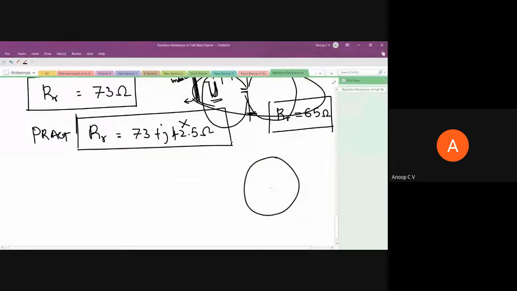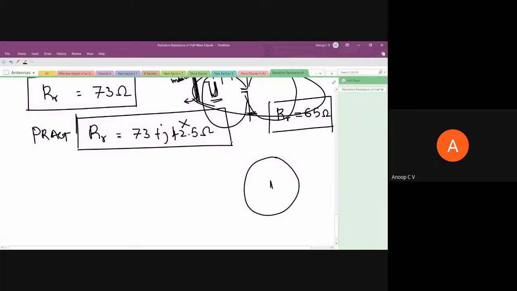So if you want to broadcast to all the regions, you can mount a half wave dipole like this. Even though in one principal plane its radiation pattern is omnidirectional, it doesn't mean it's an isotropic antenna. So practically we have such antennas.